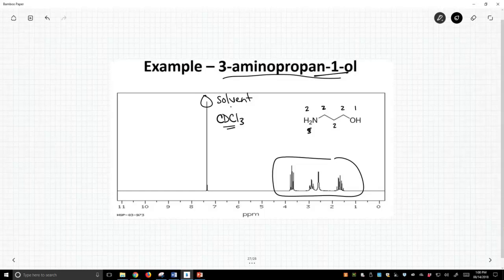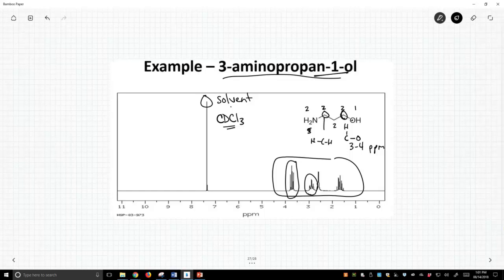Now some of them overlap. But this CH2 that's next to an oxygen ought to be in the 3 to 4 ppm range. And what do you know? They're about a little over 3.5. The CH2 next to a nitrogen also ought to be in the 3 to 4 window, and it is. It's right here in our 3 to 4 window.